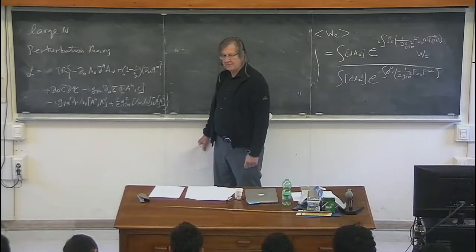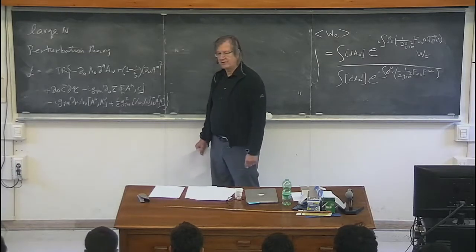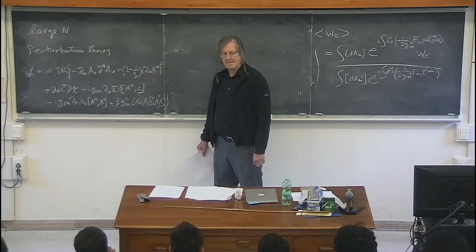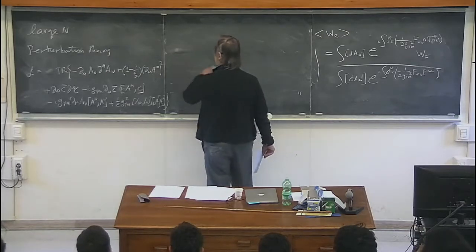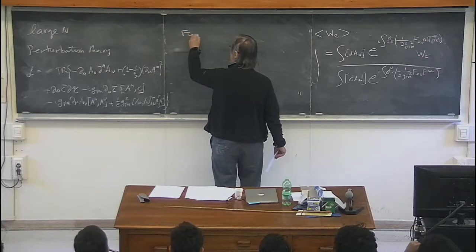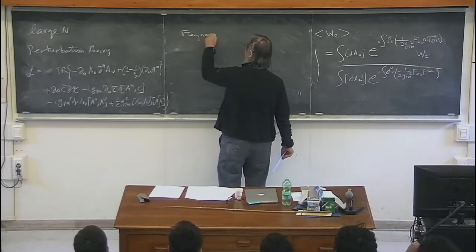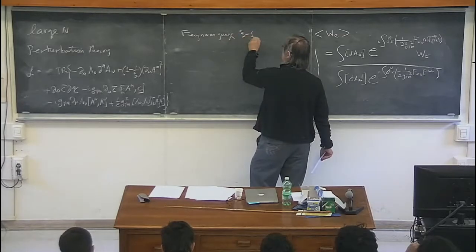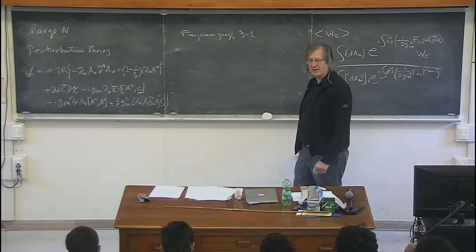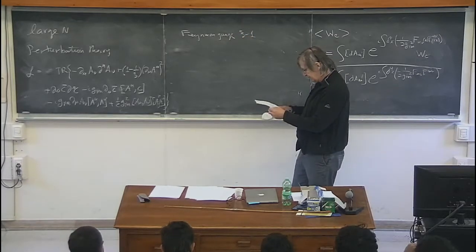I would like to keep the notation where the fields are matrices. That leads to what's called the fat graph notation in the following way. So in the Feynman gauge, which is psi equals 1. It's not really crucial to be in the Feynman gauge. It's just a little bit less writing.